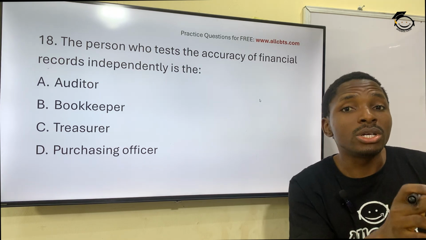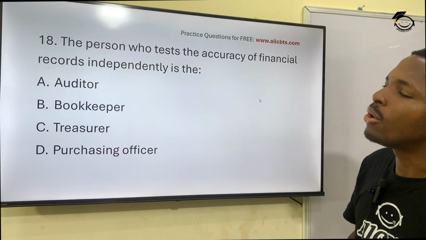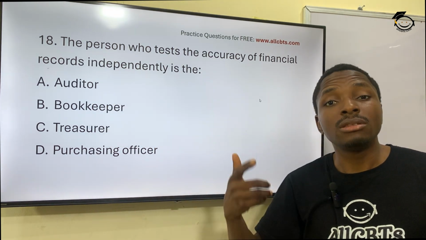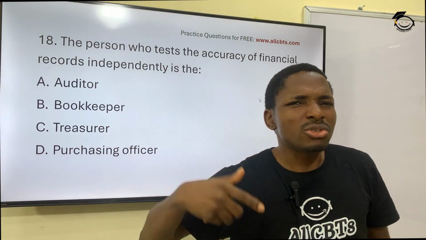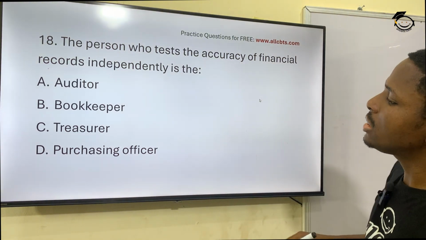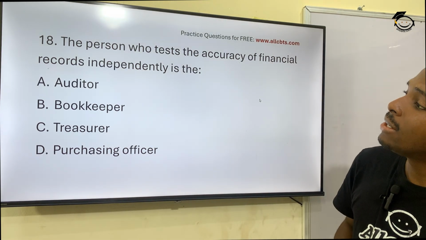Know that at some point it was diverted into another account. So it's called an auditor. And if you know the meaning of audit, you actually know that that's going to be right, because an audit checks and cross-checks and confirms accounting data for correctness. So that's auditor. And then question 19.